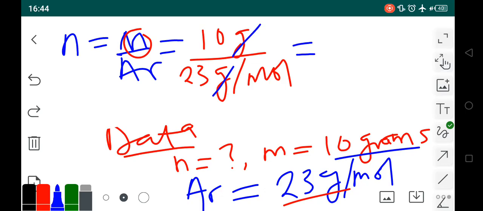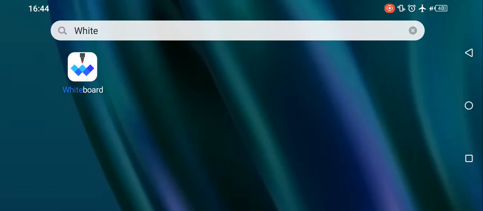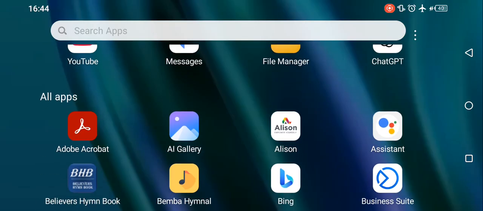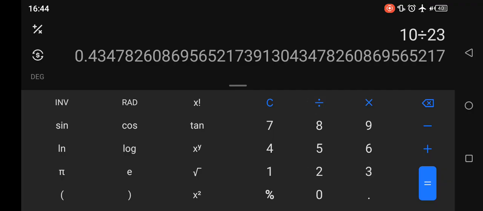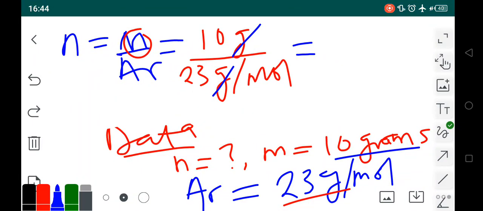And now when you divide that, 10 divided by 23, we get 0.43. Get your answer correct to 2 decimal places, so we have 0.43 moles. Okay, so that's the answer.